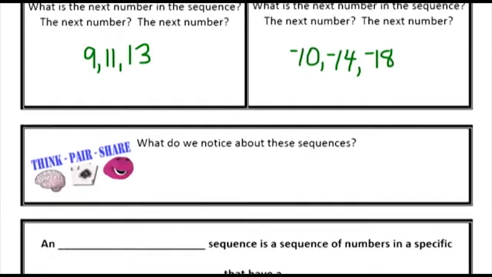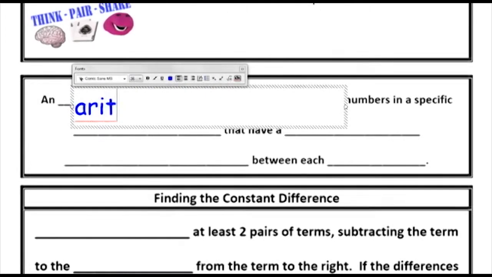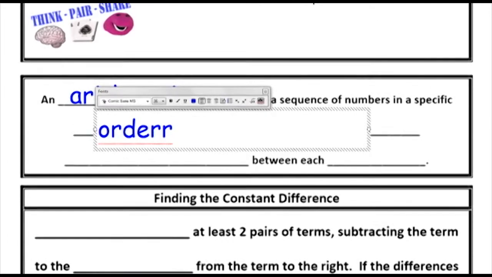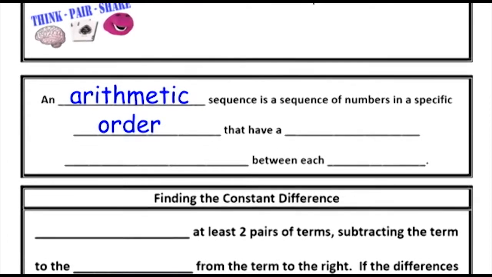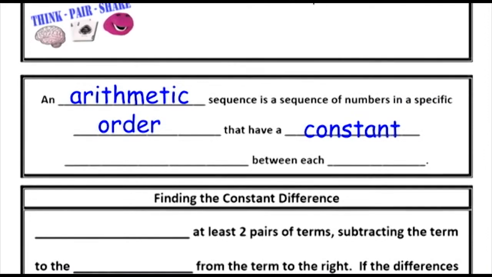An arithmetic sequence is a sequence of numbers in a specific order. It has to go in a specific order. This isn't just some random set of numbers that have a constant difference between each term.